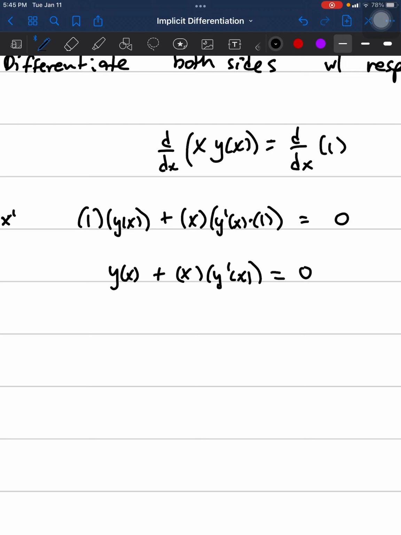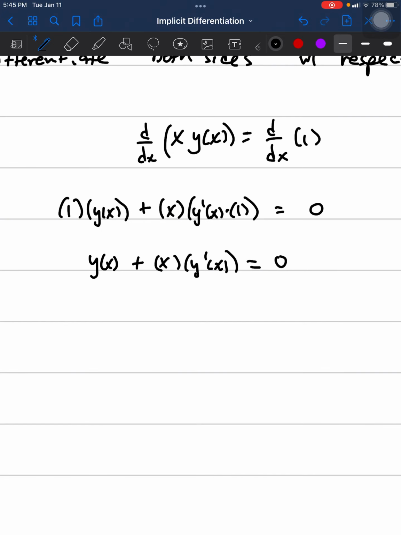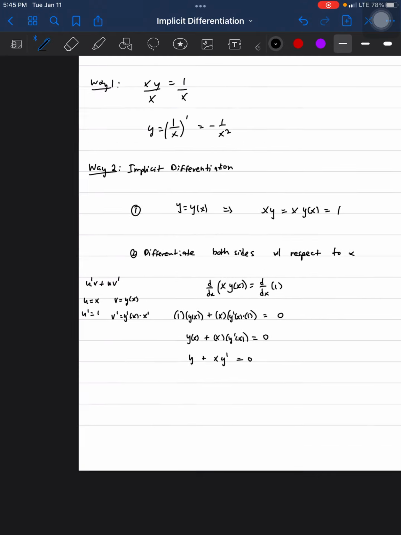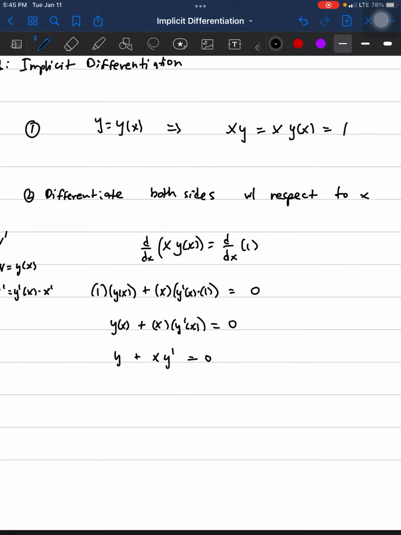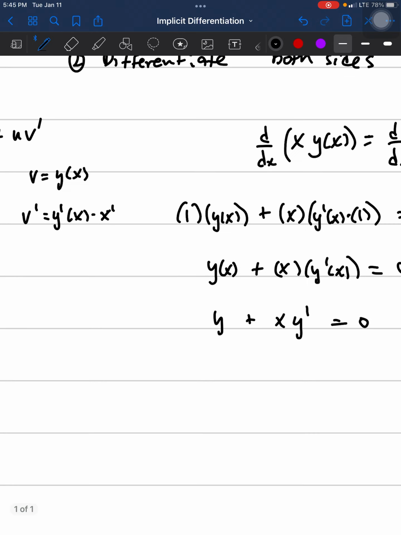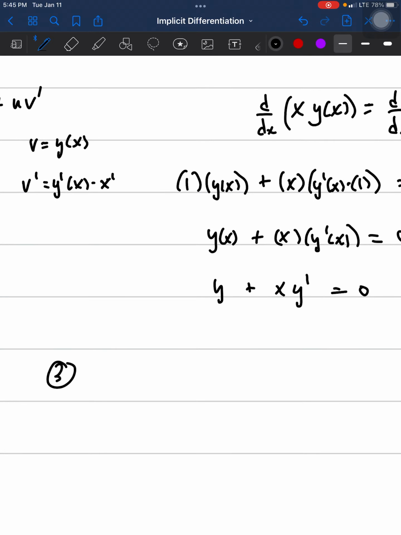Now we can rearrange this equation a little bit more so we can actually find the derivative. I'm going to switch the y of x and y prime of x to just y plus x y prime equals 0, just so it simplifies and looks a little prettier.